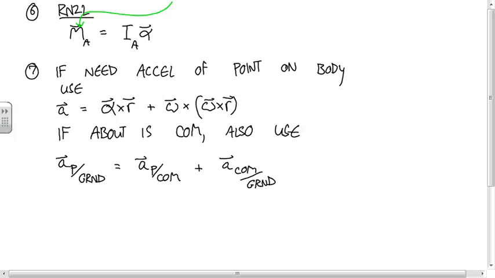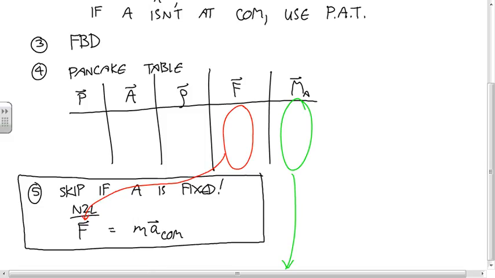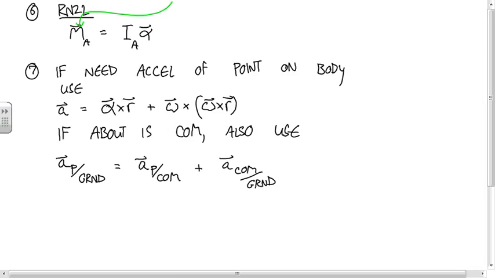If A is the center of mass, there are really two ways that it can come up. First, if you want to calculate the acceleration of a point on the body, then you're going to have to use the relative motion equation, and this here is ACOM.